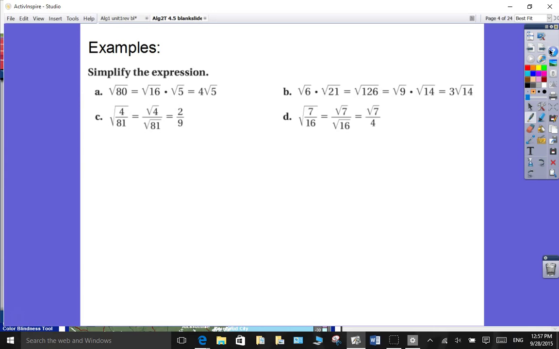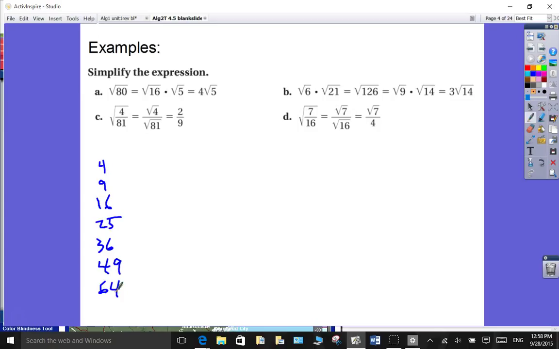The perfect squares are, I won't use 1, but 4, 9, 16, 25, 36, 49, 64, and 81 would be more than 80. But you just say, are any of those factors of 80? And the truth is, yeah, 4 is, and 16.